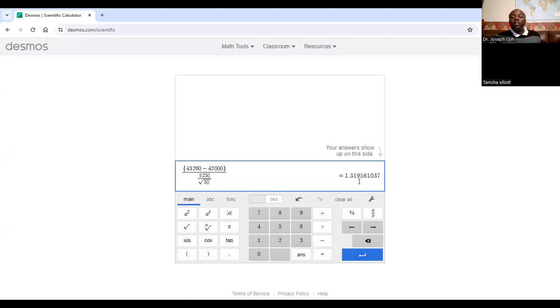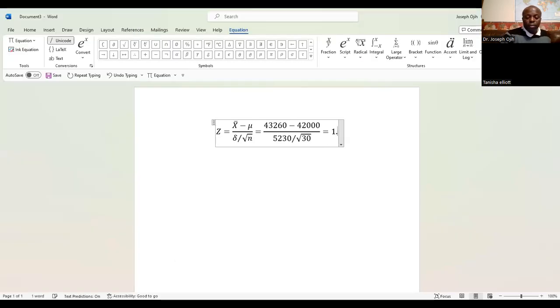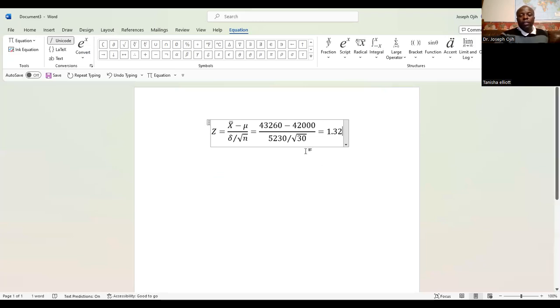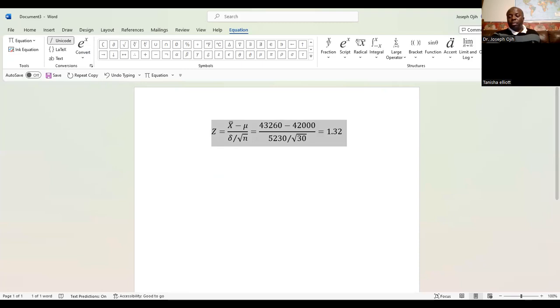The result is 1.32, actually 1.31956, so when you round, it's going to be 1.32. So let's put it there, 1.32. That's the result of our test. Let's put it here and make our decision.